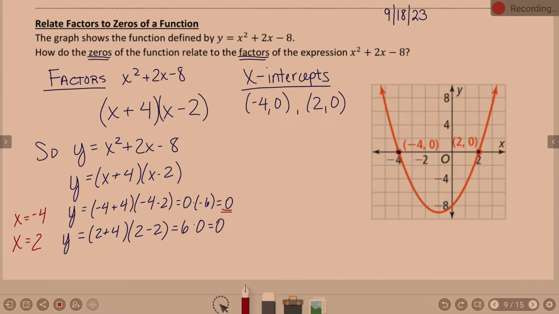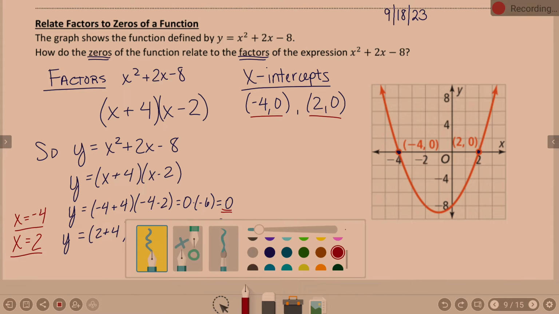The point I'm trying to make here, guys, is that when we put -4 and 2 in, those both produced y values of 0. So two things: we talked about those being called our x-intercepts, so you shouldn't have been surprised that they came out that way. They're also called the zeros.